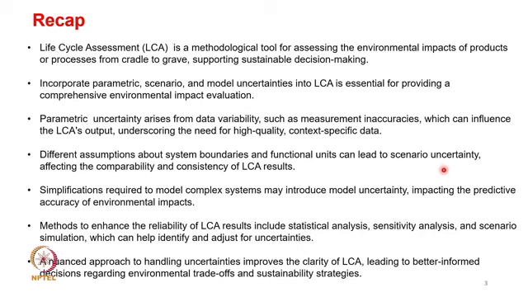Based on that, we identified scenario uncertainty and how it would affect our analysis. We also looked at model uncertainty, where the simplifications that one needs to bring in to reduce the complexity give rise to model uncertainty, which in turn is an issue in terms of predictive accuracy.